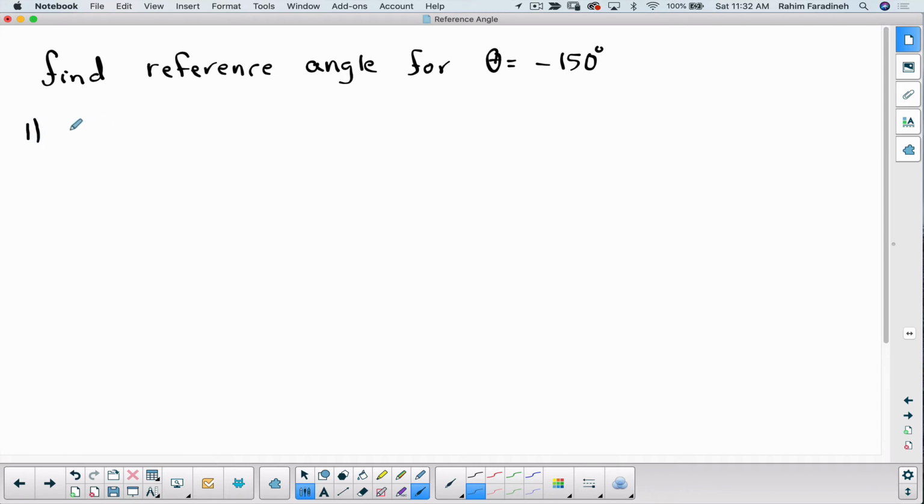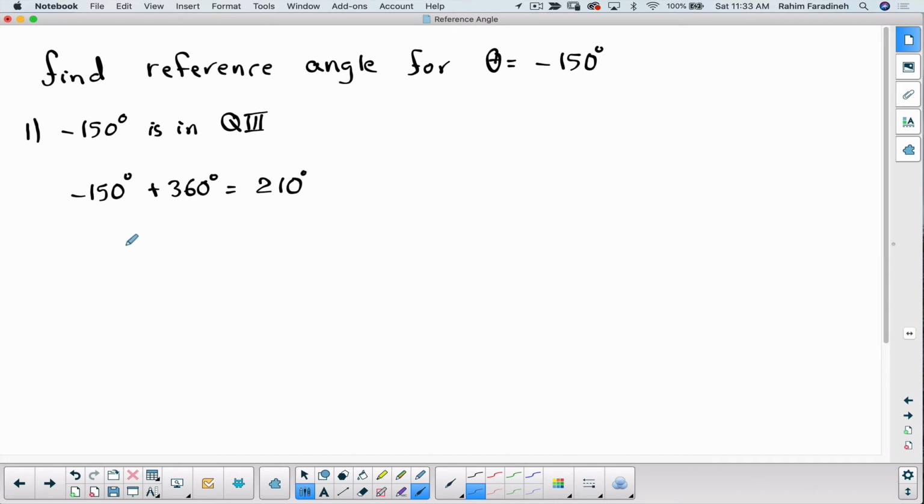First, recognize that negative 150 degrees is in quadrant 3. So we take our angle and add 360 degrees to it, and that gives us 210 degrees.